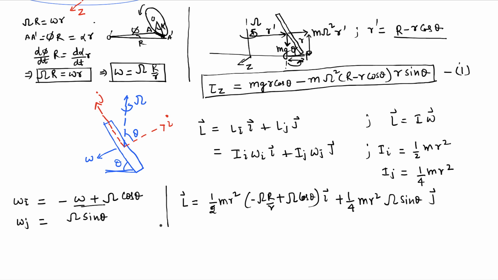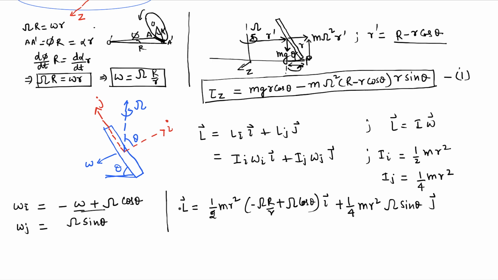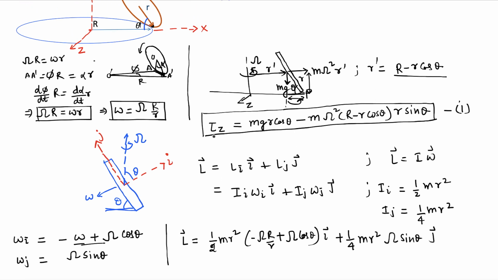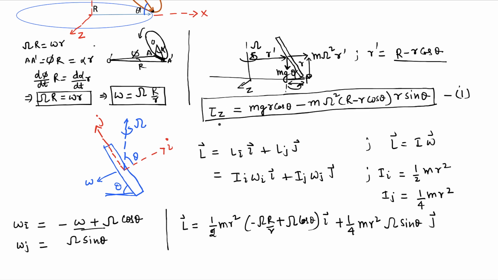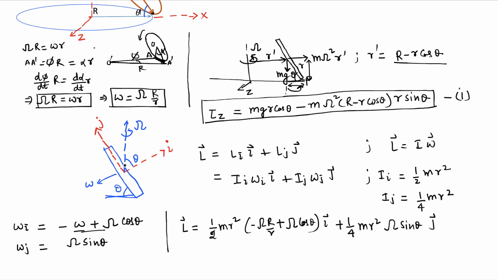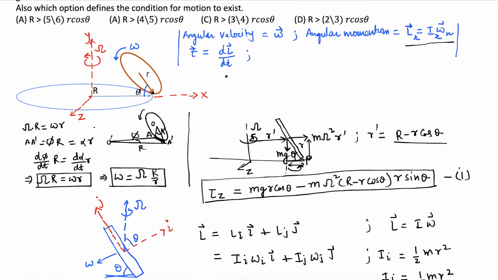Okay, so this is the angular momentum vector. Now we need to compute the torque in the z direction. So in order to compute the torque in the z direction, we need to consider the angular momentum in the x direction and the y direction, because they can apply the torque in the z direction.